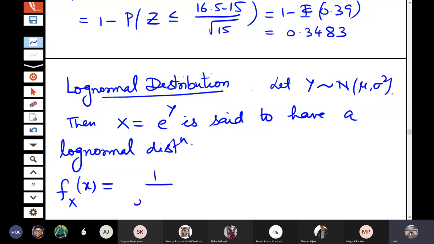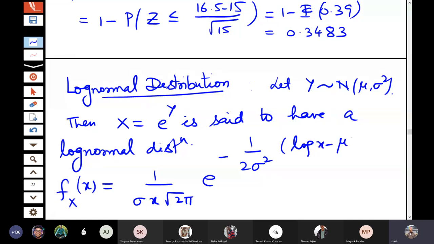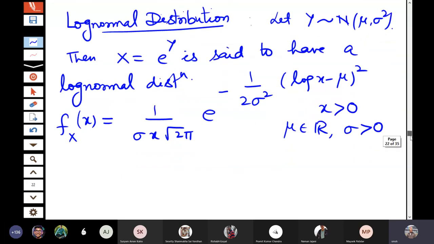That will become 1 by sigma x root 2 pi, e to the power minus 1 by 2 sigma square, (log of x minus mu) square. Here x of course has to be positive, mu is real, and sigma is greater than 0. That means if x has a log normal distribution, then log of x has a normal distribution.